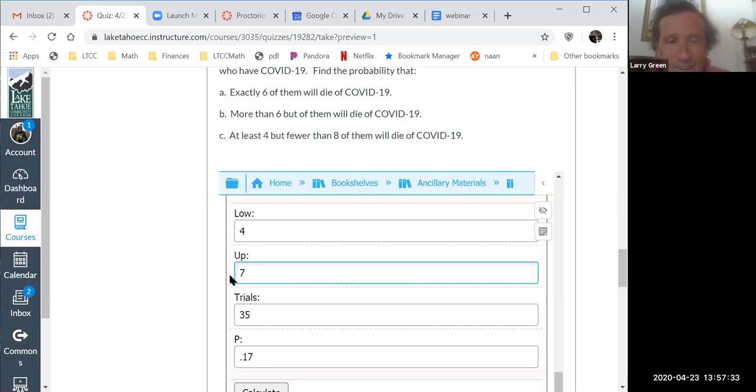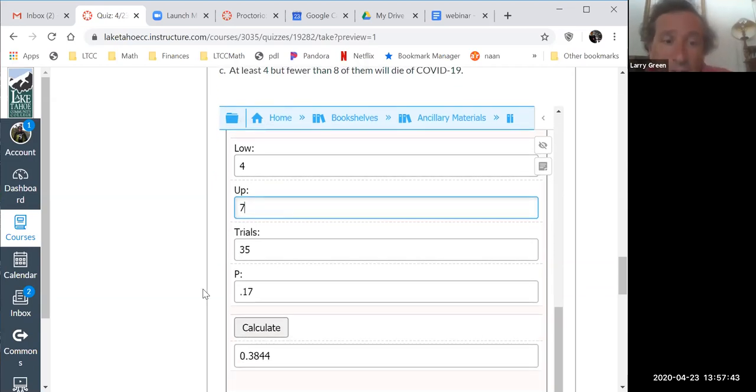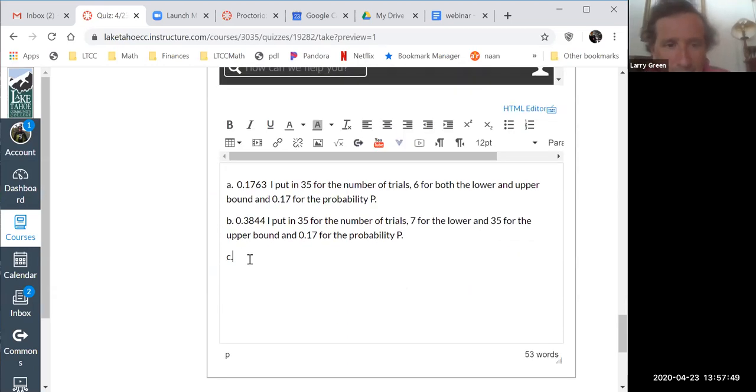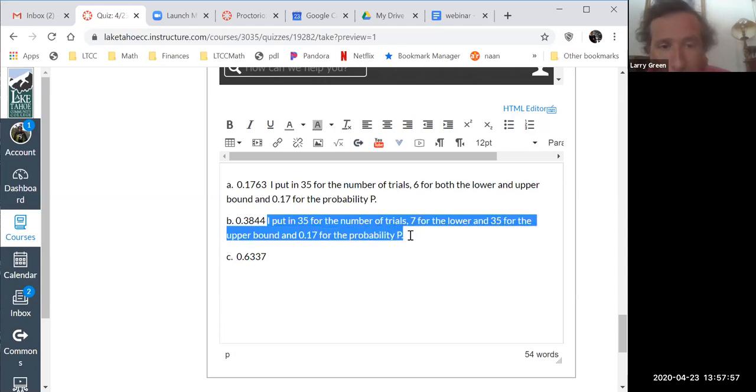Always a good idea to think this through a few times because these are typical mistakes people make, they misread these words like fewer than. Okay, and then trials and P are the same, and you get 0.6337. And let's copy and paste this just so I can show my work.